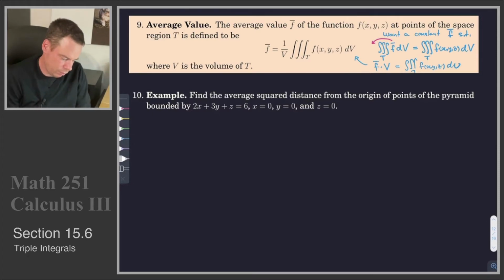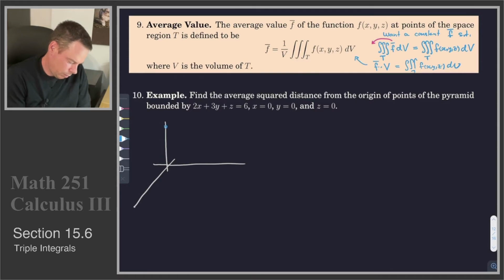We're going to find the average squared distance from the origin of the points of the pyramid bounded by the plane and the 3 coordinate axes. If you notice, this is the same plane we had from the first example of this section.